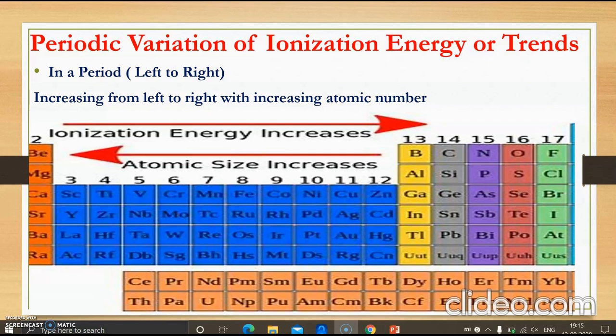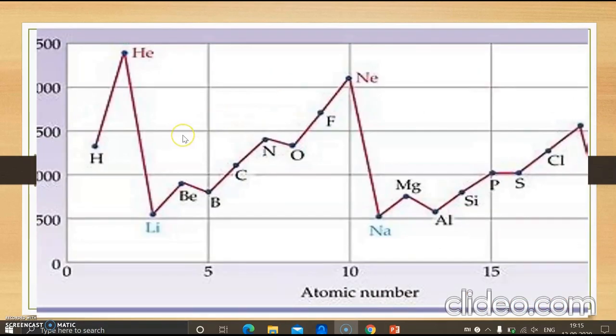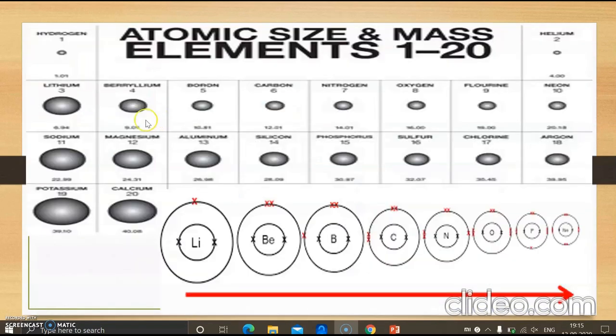This can be explained by taking the following considerations into account. We know that atomic size goes on decreasing from left to right in a period. It means that the distance between the nucleus and the outermost shell electron is decreasing from left to right.